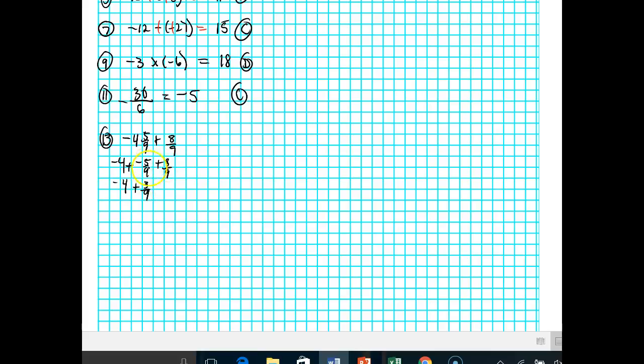Because we have a DSSL problem between negative 5 plus 8. So since I have a positive and a negative, I have to borrow. So I want to borrow 1 whole from the 4. So that will give me negative 3 plus negative 9/9 plus 3/9. And that will give me negative 9 plus 3, subtract DSSL, right, gives you negative 6.